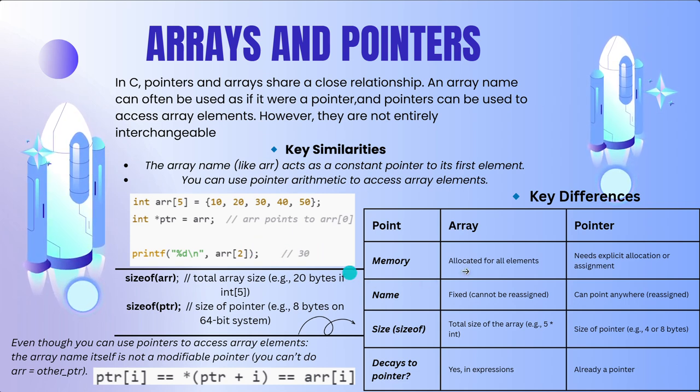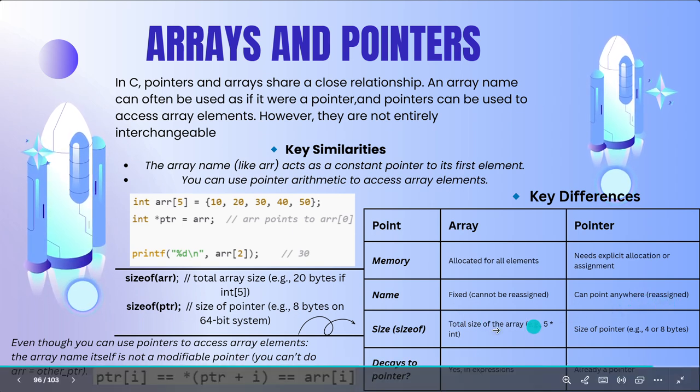Okay, now let's understand the key differences. Coming to the key differences: for arrays, memory is allocated for all elements, and the name is fixed and cannot be reassigned. For pointers, memory needs explicit allocation or assignment, and it can point anywhere and be reassigned. Then the sizeof operator, which we use to check the size of any data type.